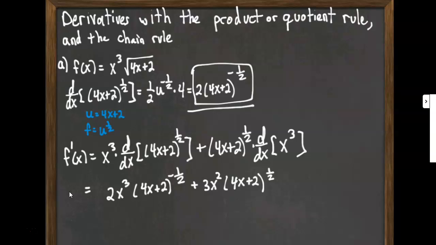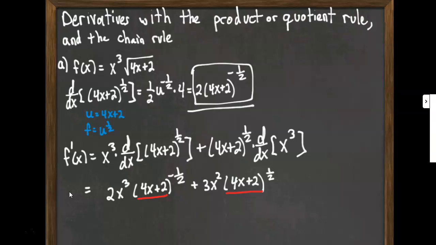Now, pretty much guaranteed that this is going to happen when you do the chain rule alongside the product or quotient rule: you're going to have a common factor, some quantity. Now, we also have x's that can be pulled out. We have an x squared and an x cubed. But that really doesn't matter because we're factoring not for the sake of factoring, but as a way to simplify.